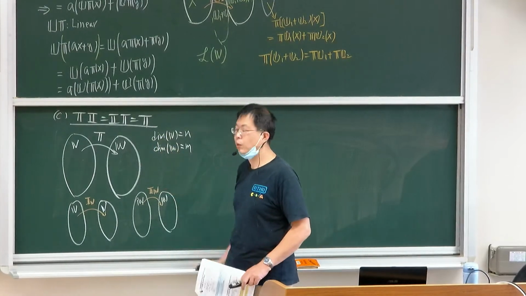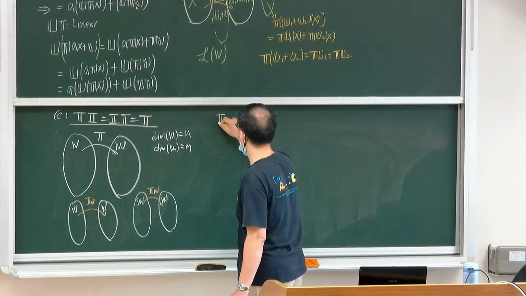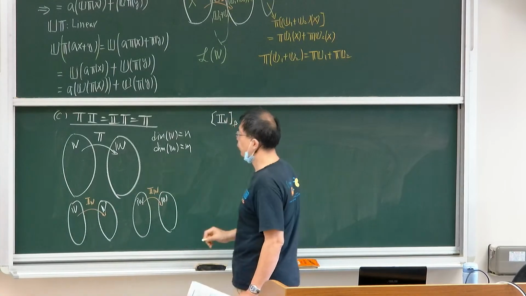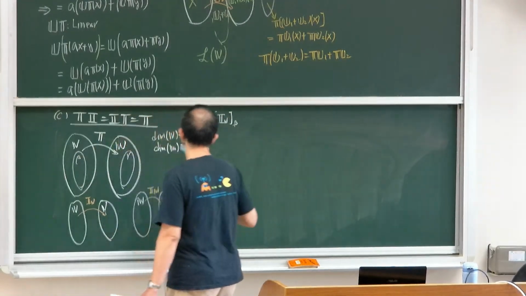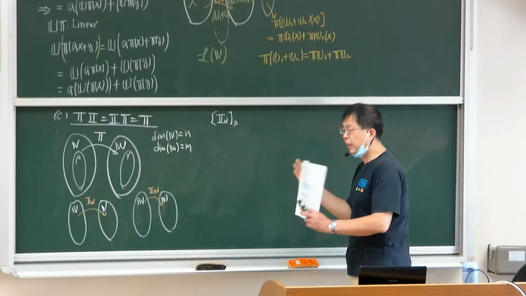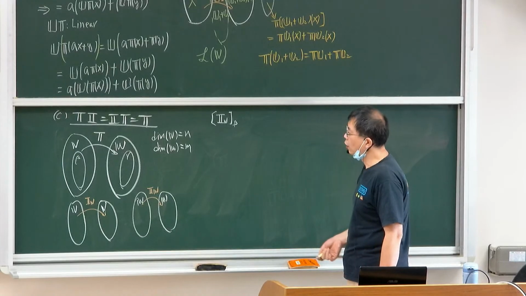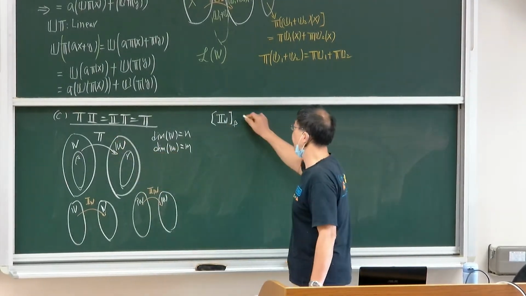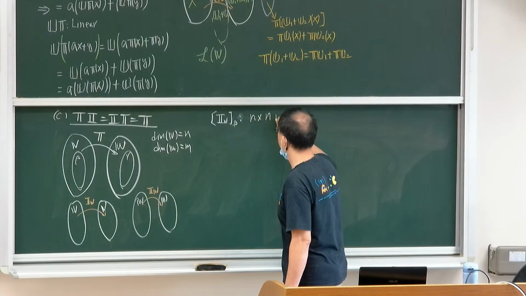It's not square anymore. Okay, so for IV, if I have the basis beta here and the basis gamma here, and I have an identity transformation of V, then with respect to beta, this matrix is an n by n matrix.